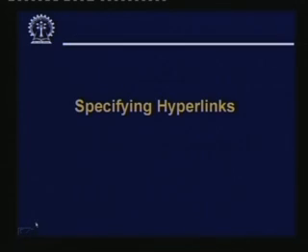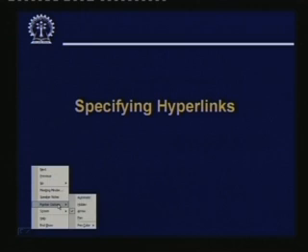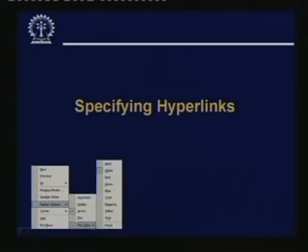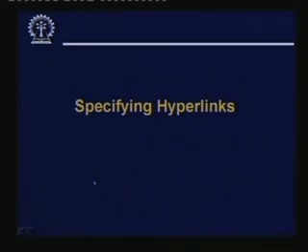Now, we start another topic in HTML. This is how we can specify hyperlinks, because one of the very important features of HTML is specifying hyperlinks. HTML is a language in which you can provide links from one document to other resources. It can be another document, another image, or some other file like PDF or PostScript, anything.